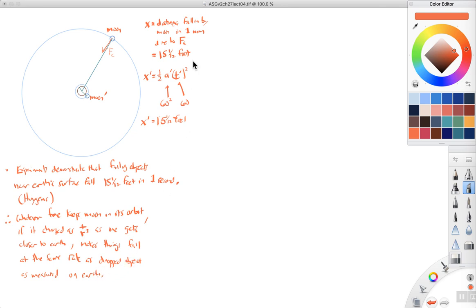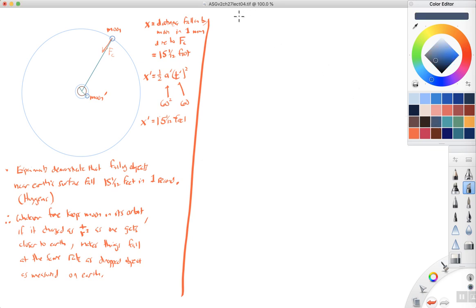This is a stunning conclusion. It is a link between the force holding the moon in its orbit and the force that is causing objects to fall near the surface of the Earth. This is the key insight that Newton has.